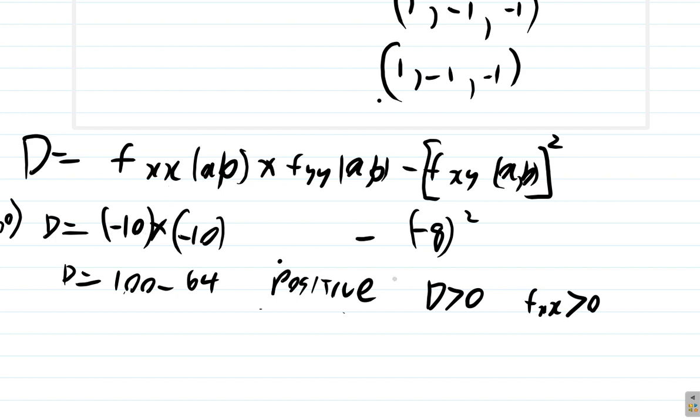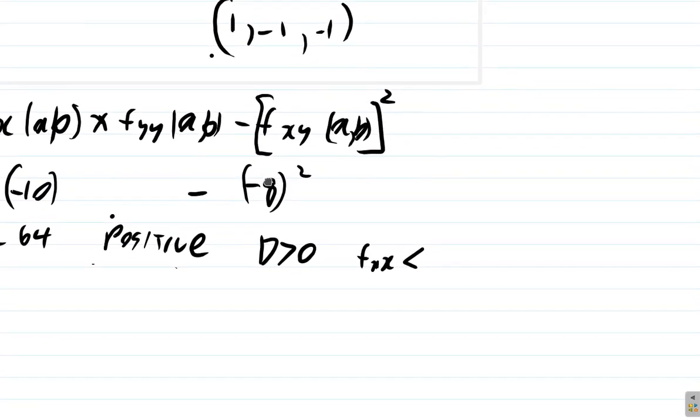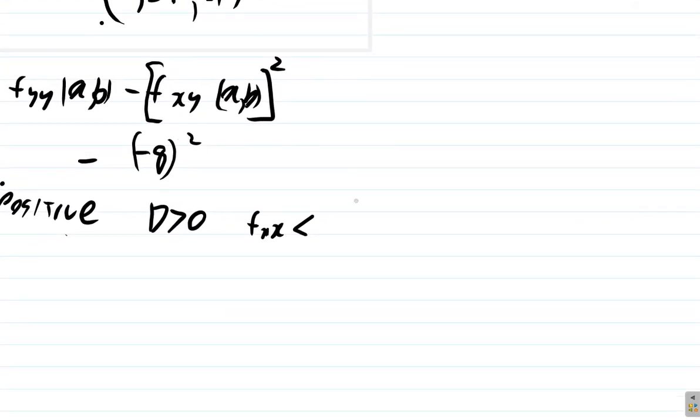Oh, fxx was negative 10. It's less than 0. My mistake. This negative 10 is fxx and this negative 10 is fyy. So fxx is less than 0, which means 0, 0, 0 is a maximum point, I mean.